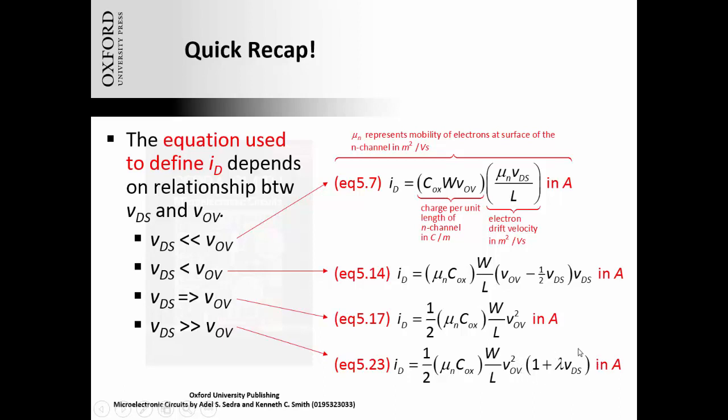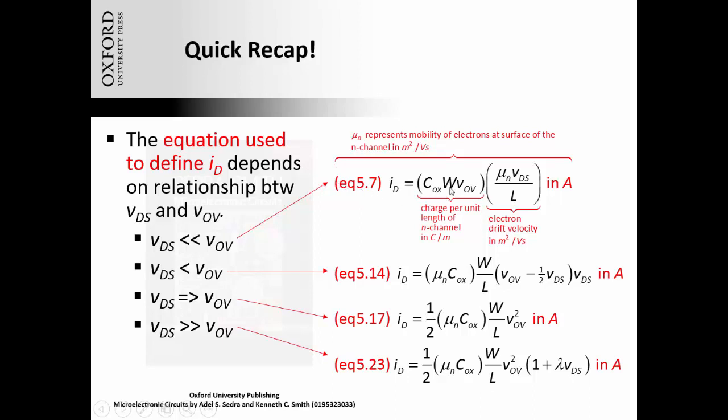And then here we see 1 plus this term, lambda times VDS, or you'll see it sometimes as VDS over VA, the early voltage. This is the way that we can modify our basic saturation equation to include this effect of channel length modulation. Okay, so let's recap, and we'll end this talk.